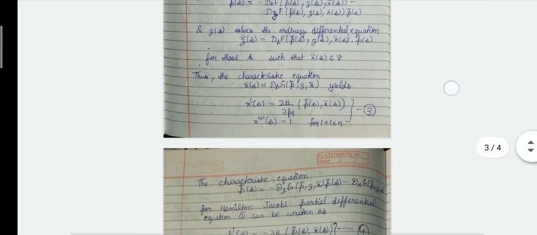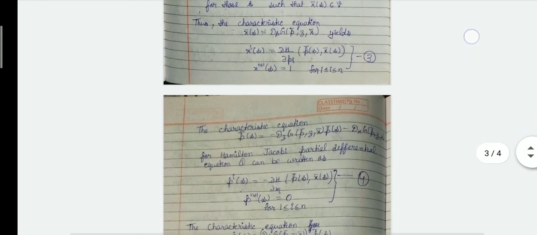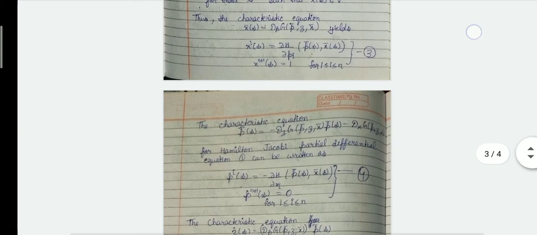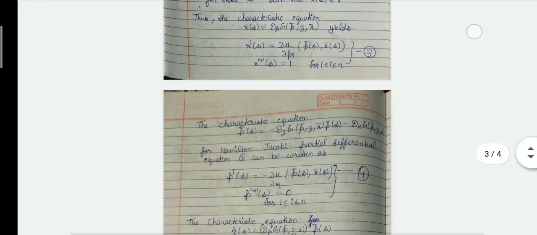And the characteristic equation for p-bar dot of s, that is minus D_z g of p-bar, z, x-bar times p-bar(s) minus D_x g of p-bar, z, x-bar, for the Hamilton-Jacobi partial differential equation 1, can be written as p^i dot of s, where i runs from 1 to n, equals minus the partial derivative of h with respect to x_i of p-bar(s) and x-bar(s).